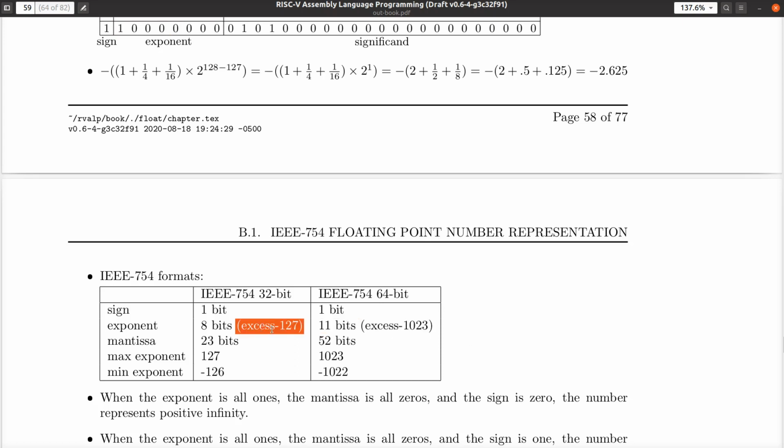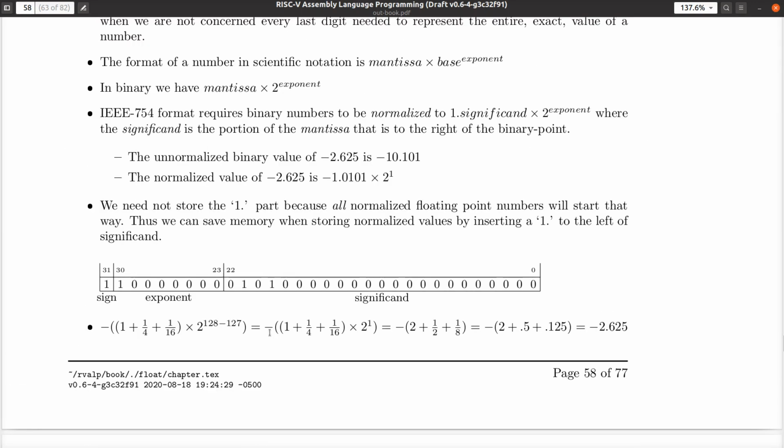So in single precision, it's excess 127, which means simply that you take the value in here and you subtract 127 from it. So if you have this value here, we expand it like this, and we can work out and calculate, and you can see we're going to come up with the right answer, I hope. Okay, now what does this all come out to? Remember, always the significand would be prefixed with this 1 point something or other.